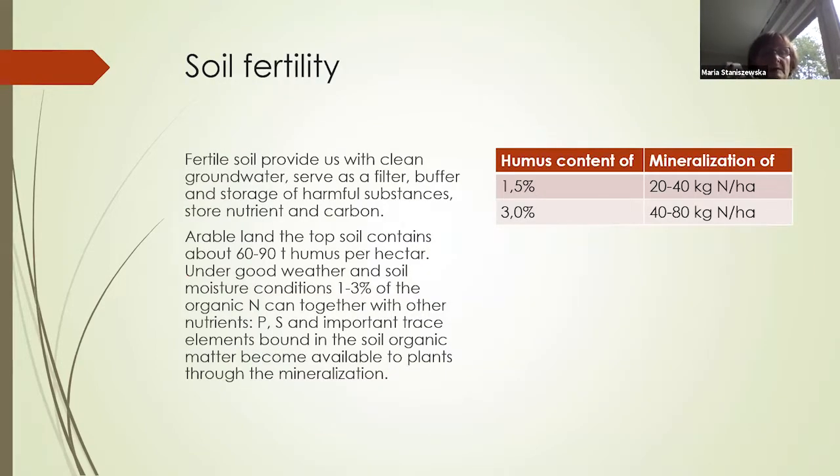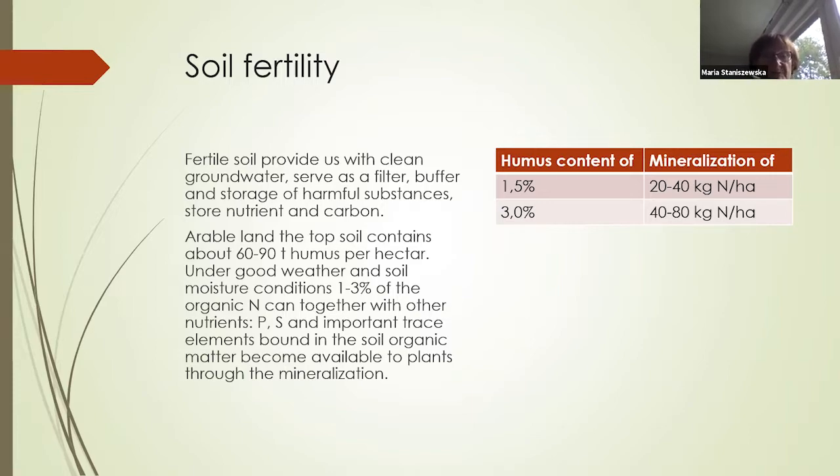So why is soil fertility important? Look at the table. When we have humus content of only 1.5%, we have only 20 to 40 kilograms of nitrogen per hectare from mineralization.